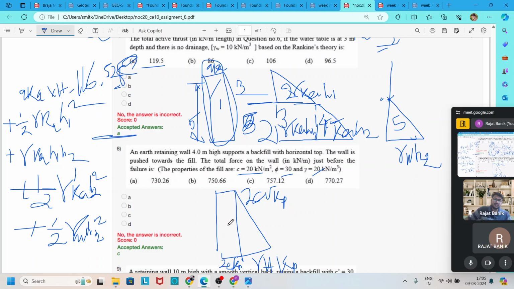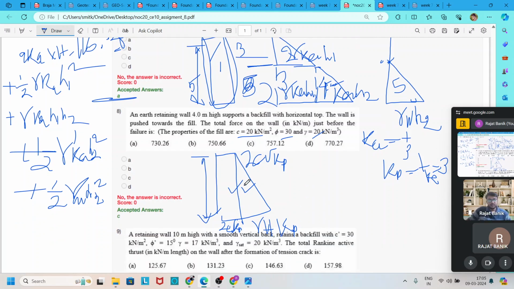So you divide this diagram and find out the area of each part. If the height of the wall is h, first find out the kp. For 30 degrees, we know that k is 1 by 3, and we also know that kp is equal to 1 by k, so it becomes 3.